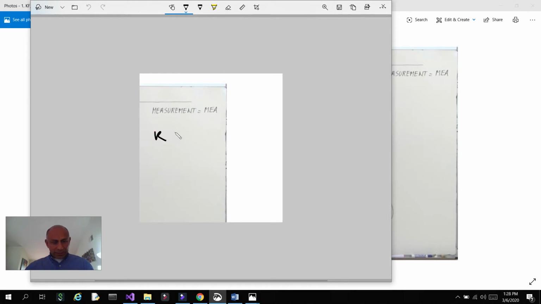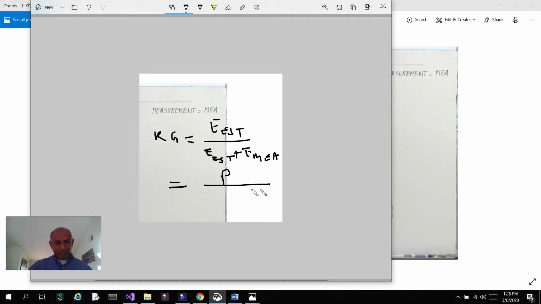So Kalman gain equals error of estimate divided by error of estimate plus error of measurement. Sorry, it's not very legible. Now for my two-dimensional matrix model where I'm using matrices, error of estimate is P, and error of measurement is R.